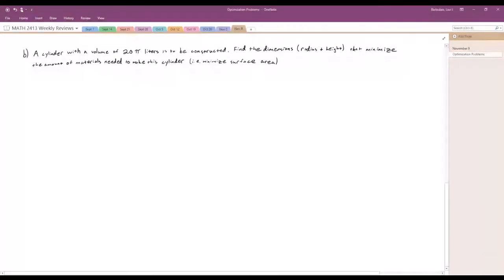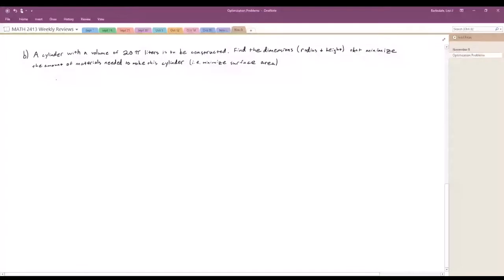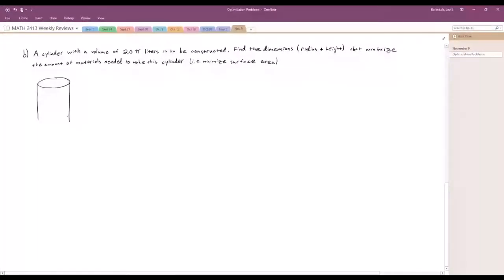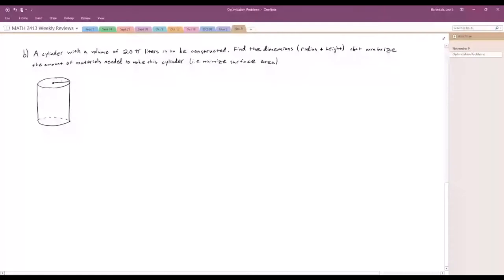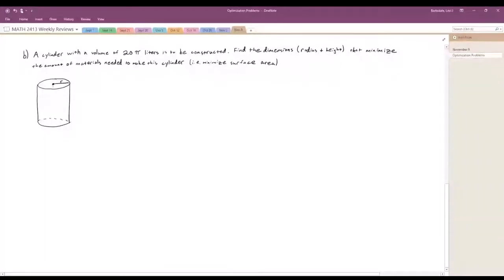So I like to sketch pictures, so I'm going to basically just draw a picture of my cylinder. There, I have a cylinder. I know that my cylinder is going to have a radius, and it is also going to have a height.